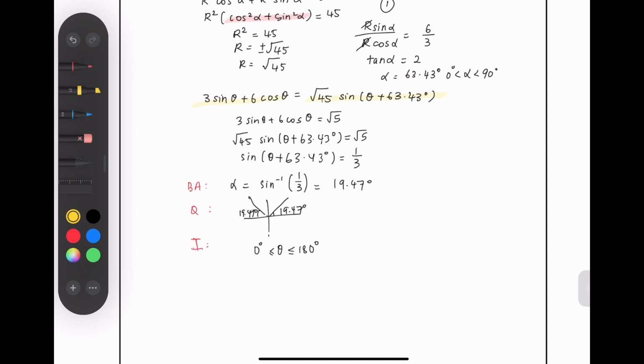But our angle is theta plus 63.43. So we're going to change the interval a little bit. So it's going to be 63.43 for the left and 243.43 to the right.